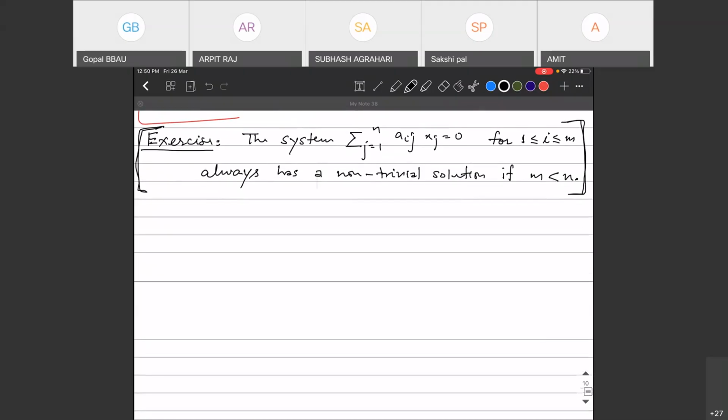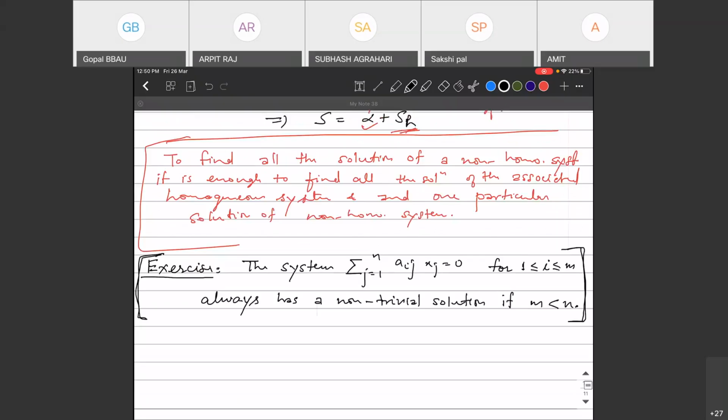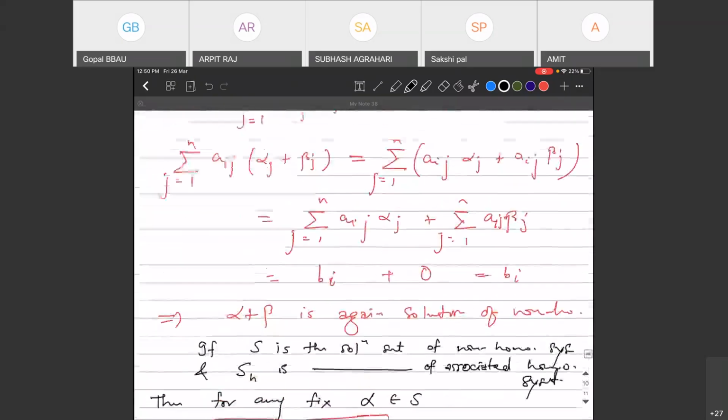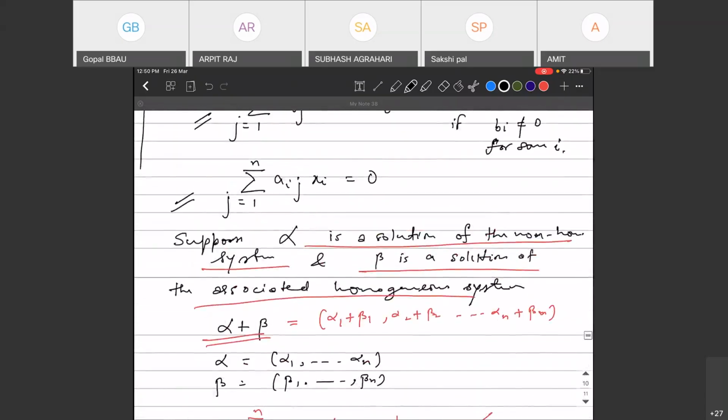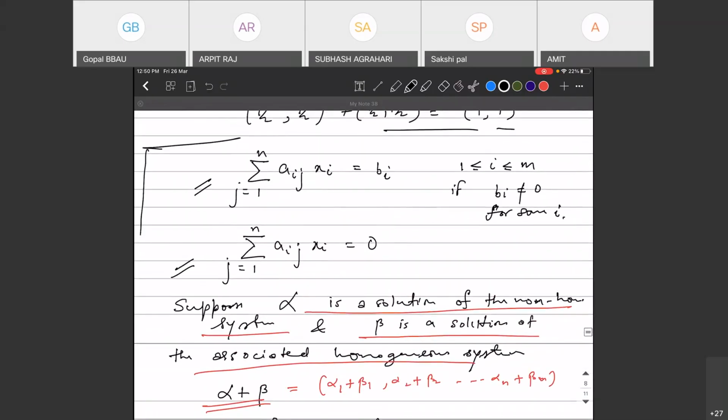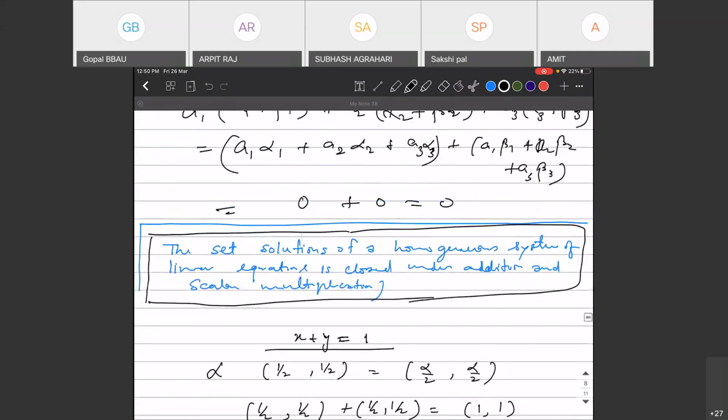Now, I'll give you the definition of a vector space. From this observation, let's define a vector space.